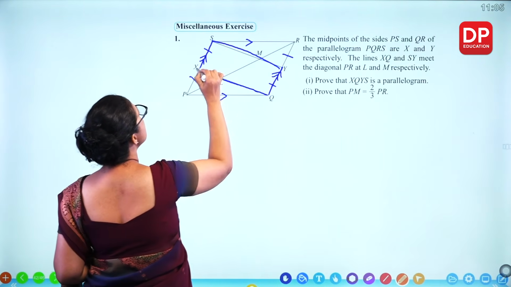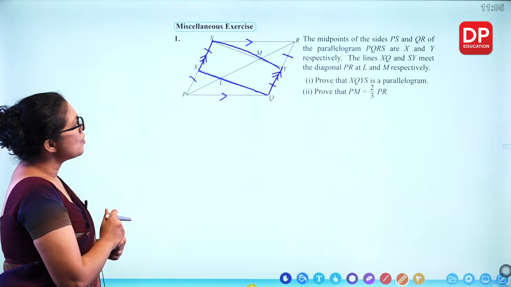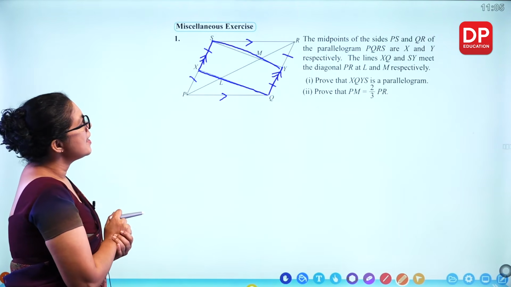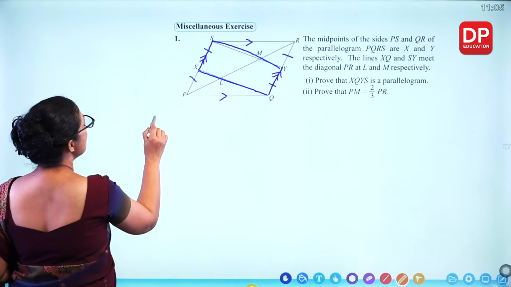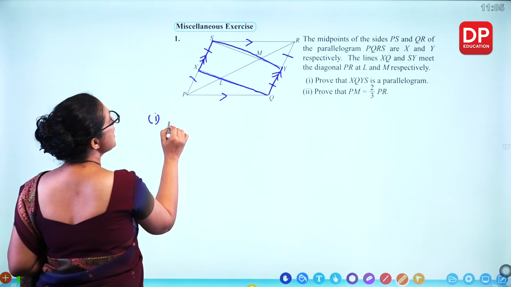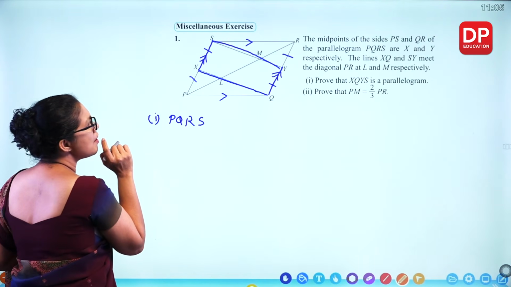We need to show this is a parallelogram. How can we show that? Here we can see that opposite sides are equal and parallel. So we'll write down PQRS is a parallelogram.